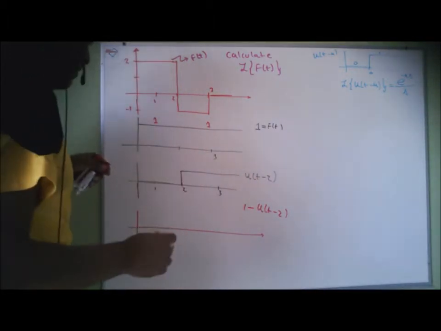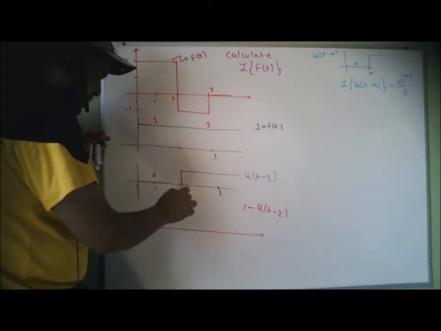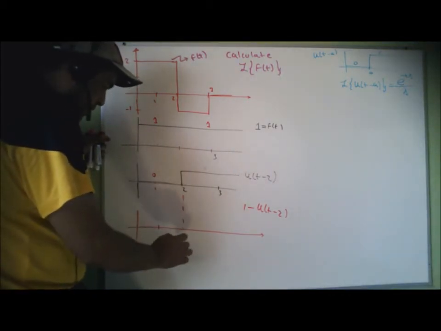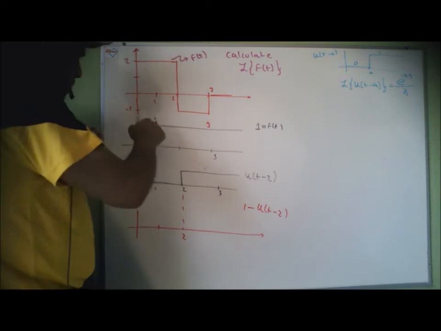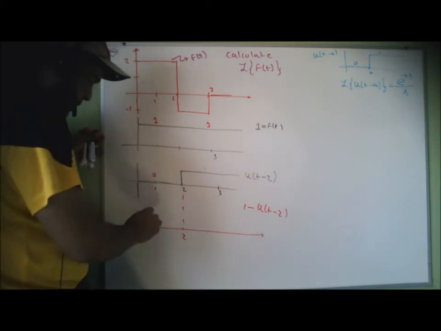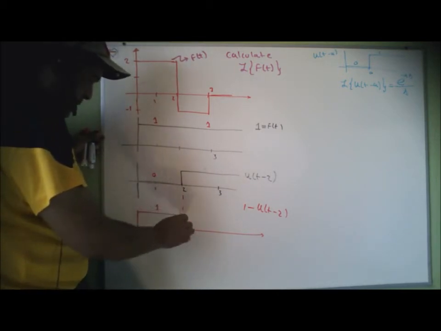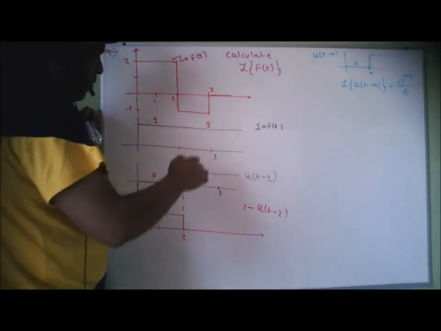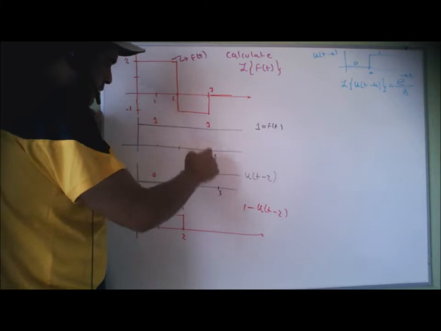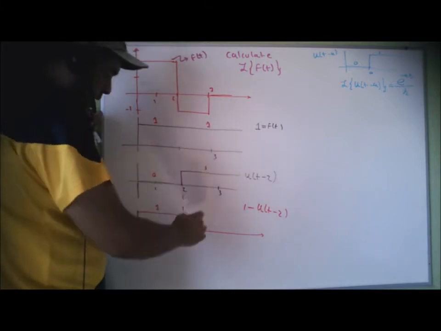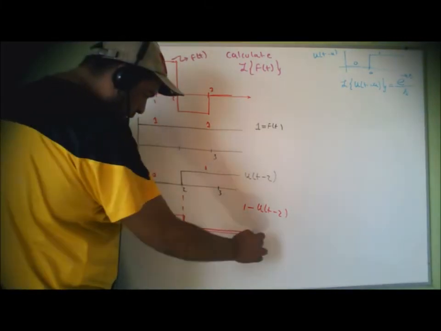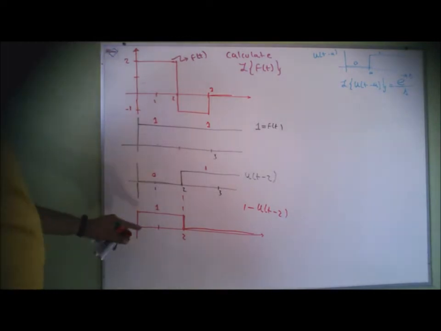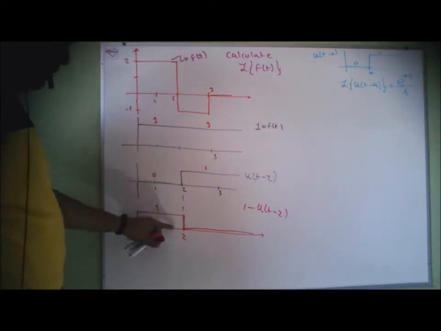Between 0 and 2, 1 minus 0 happens to be just 1. Now, what happens if we do 1 minus 1 at this time? 1 minus 1 happens to be 0. So we obtain this plot.